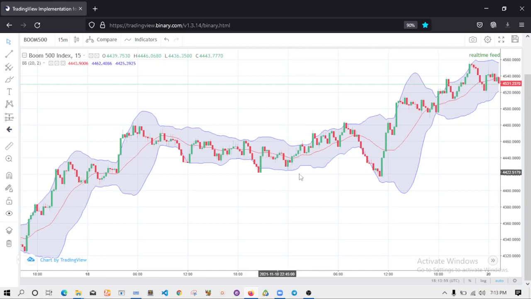This is the kind of trade I want you to take. It is very simple. Once you see that the volatility is low, the next thing you need to do is wait. Just pay attention, guys. Once the lines compress or come close to each other, you get ready for a trade.